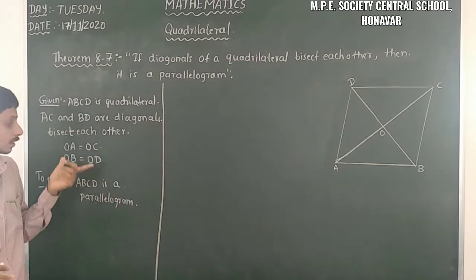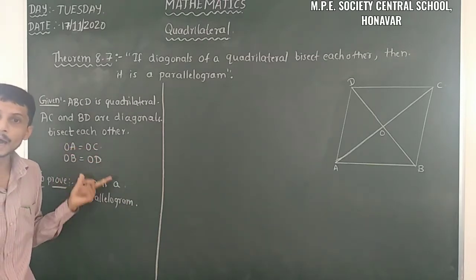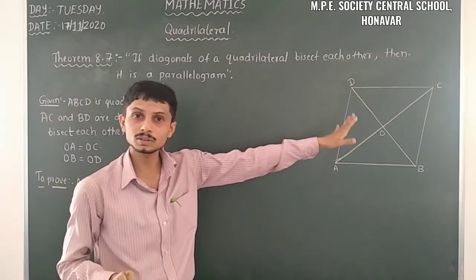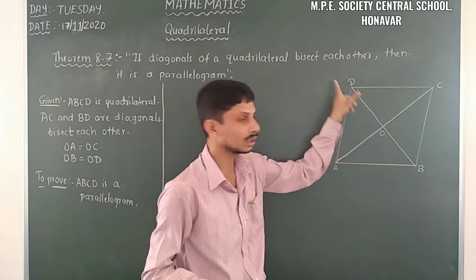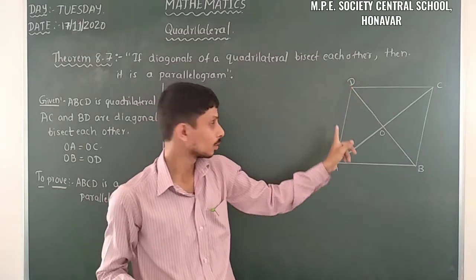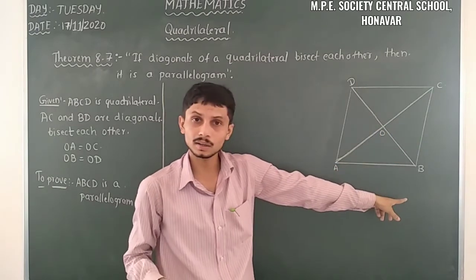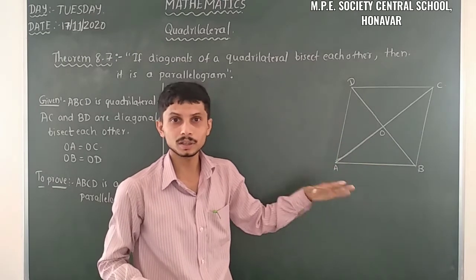What are those triangles we can consider? Here just observe AOB and COD. OA and OC are the corresponding parts and OB and OD are corresponding parts, so we have two corresponding sides equal.